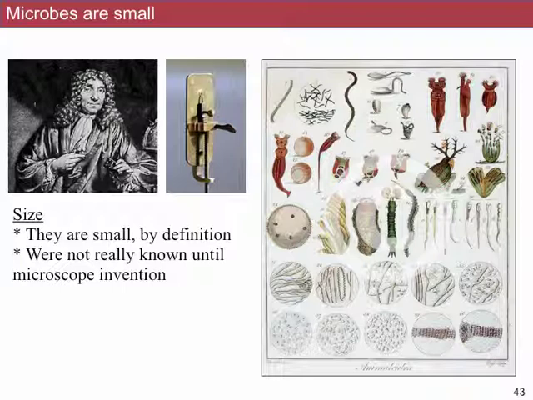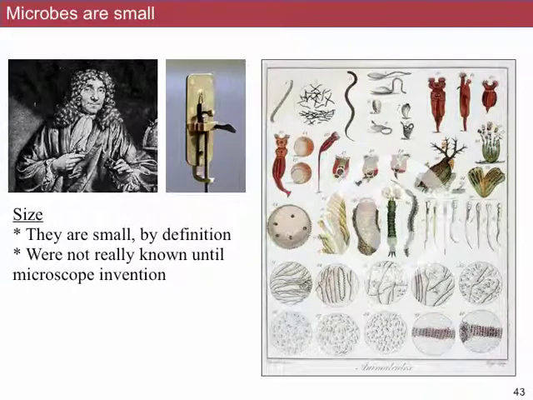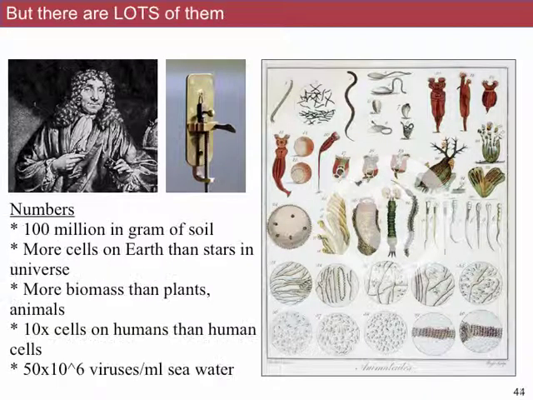So what we're really talking about is not just microbes, but all of these clades of organisms, most of which are small, what we could call microbes. Most of them have been ignored for a long time because they are small, yet they represent an incredible amount of the diversity of life in many different aspects.